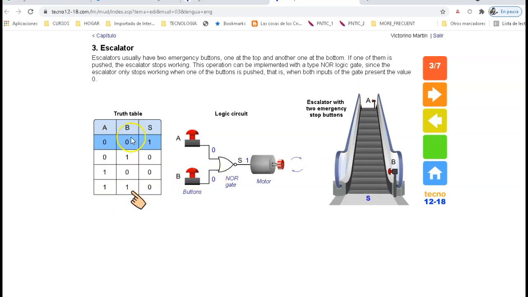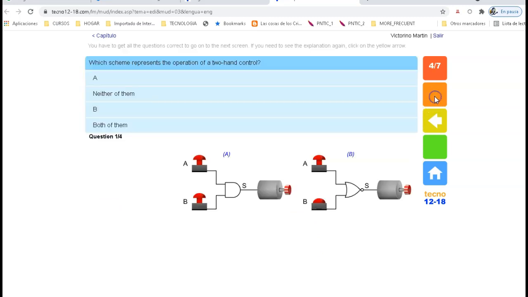Okay, so this is the need that I have. Esta tabla sería la representación de la necesidad real que yo tengo. Okay, so this is the need that I have, and this is the integrated circuit that will fulfill this need. Y esta es la representación del circuito integrado que va a cumplir con esta necesidad. Okay, this one is the escalator.